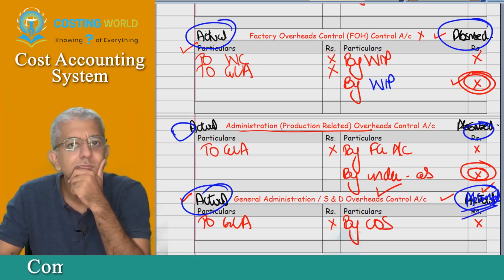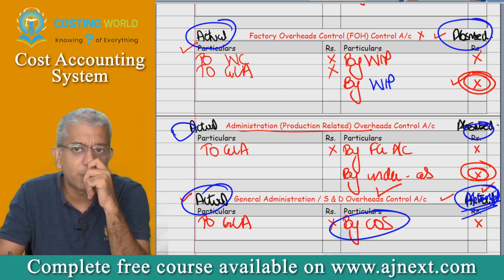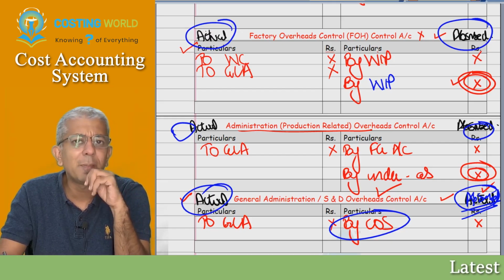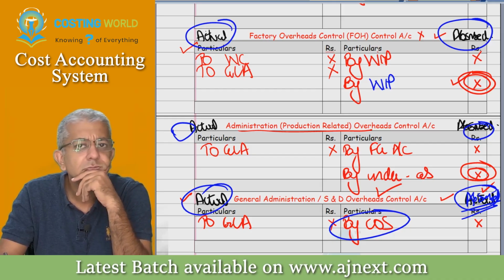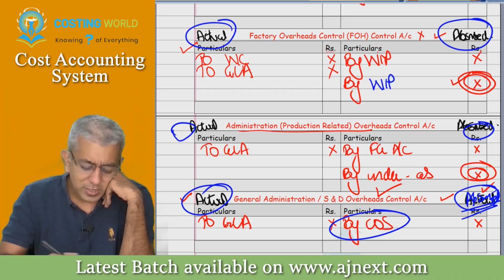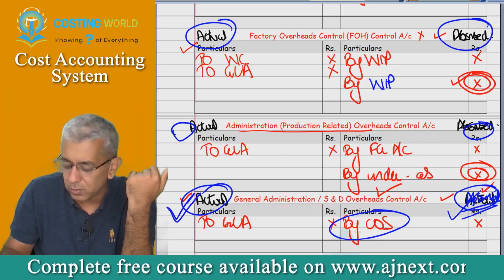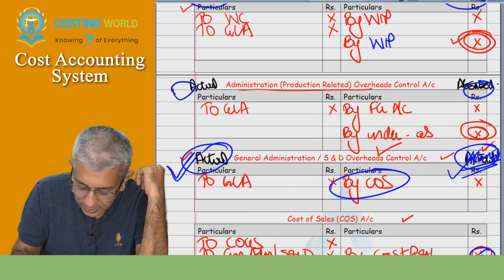And the absorbed amount will get transferred to cost of sales. If that happens, there will be under and over absorption even in your S&D account, because here you will be writing the actual amount, and on the credit side you are going to be writing the absorbed amount.